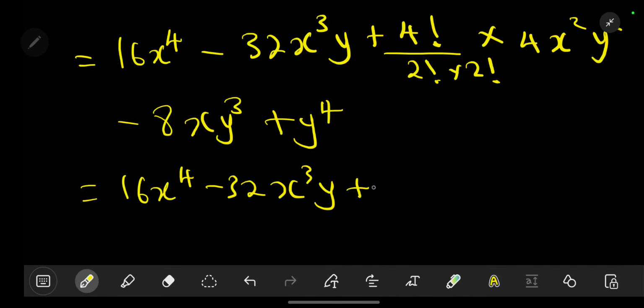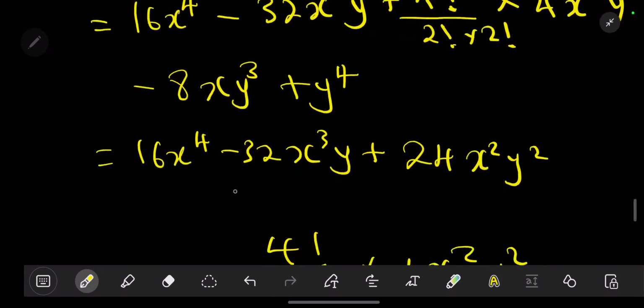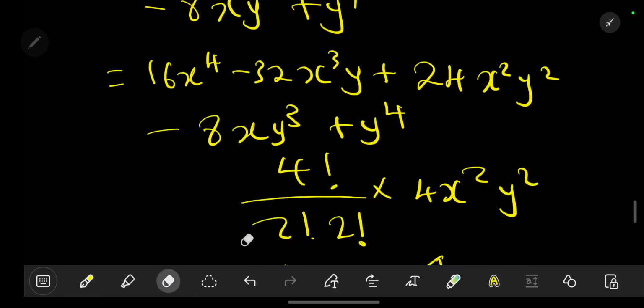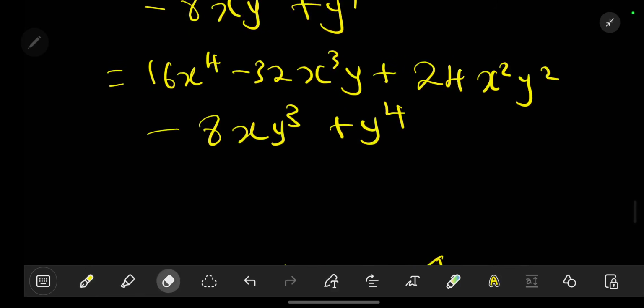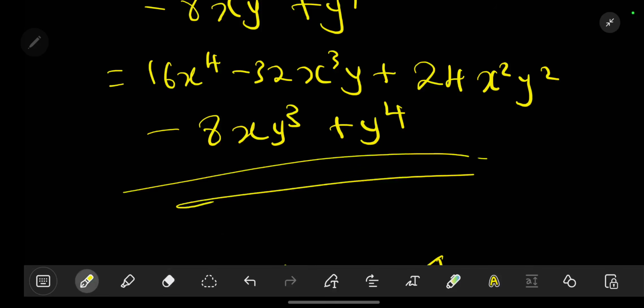Then we have plus, so we have evaluated this, we have found it to be equal to 24x squared y squared. Then we have minus our 8x y to the power 3 plus our y to the power of 4. So that is our value there. So that is how we solve that one.